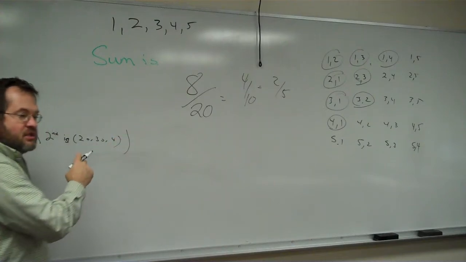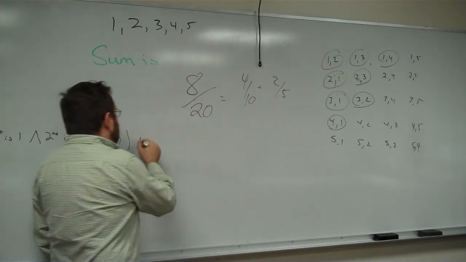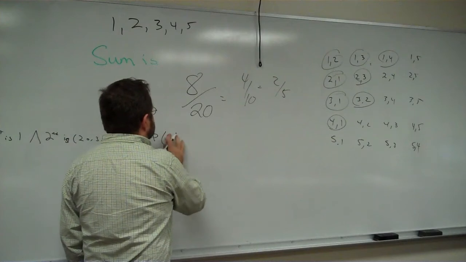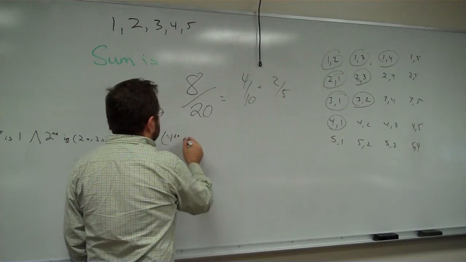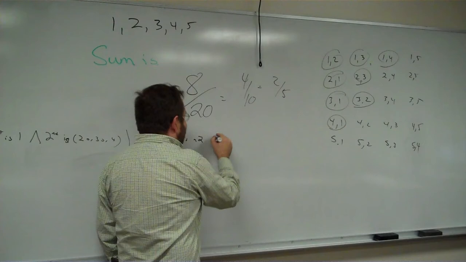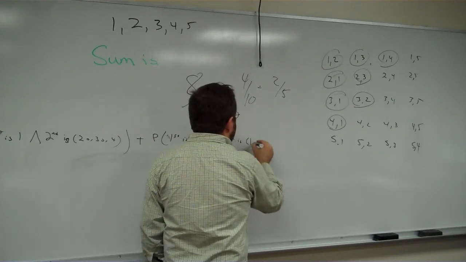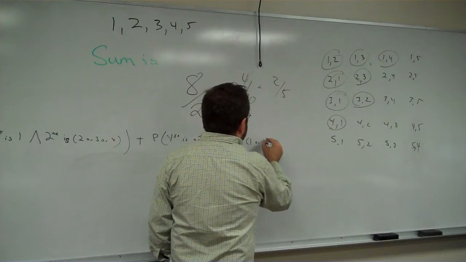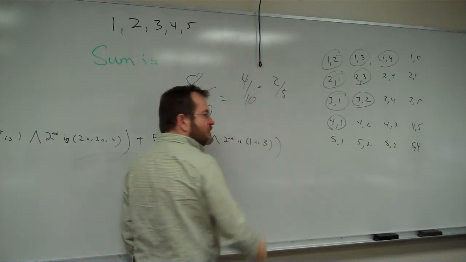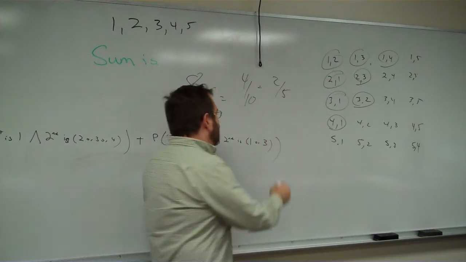Okay? Because those are the, right? Plus the probability that the first is a 2, and second is 1 or 3. Those are the combinations that work, right?